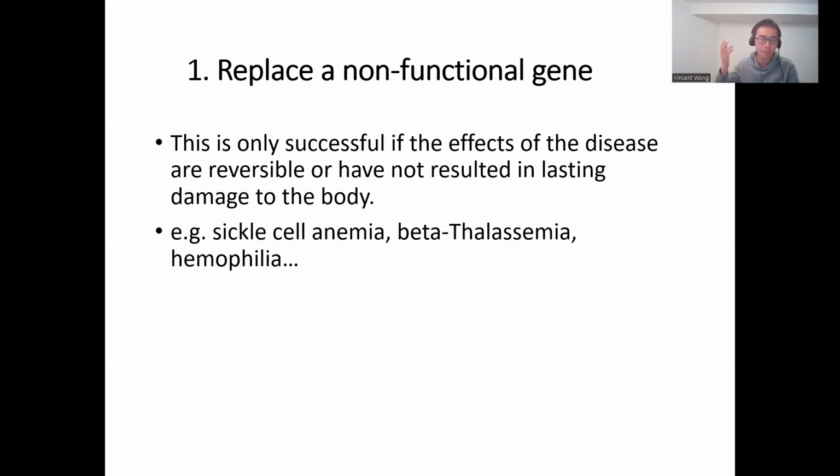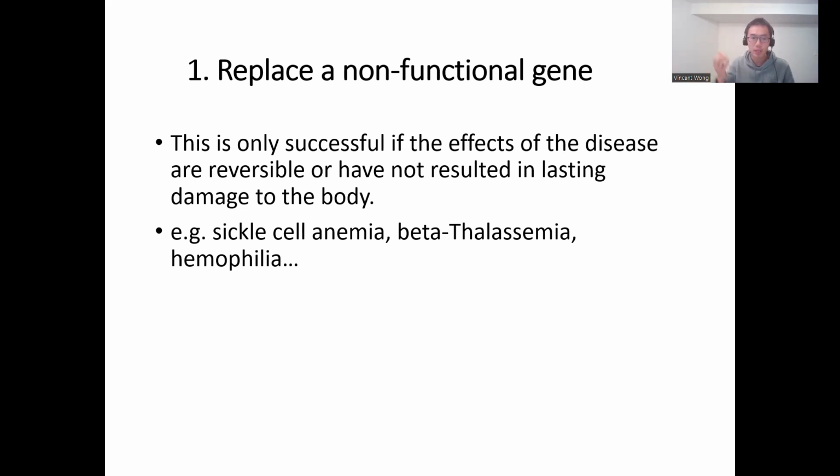My grandmother has hemophilia, and even from a nosebleed, because in the winter it's really dry with the heat and everything, sometimes it would be bleeding for hours, and then we have to take her to emergency to stop the bleeding. So that's quite scary. But these are caused by non-functional genes.